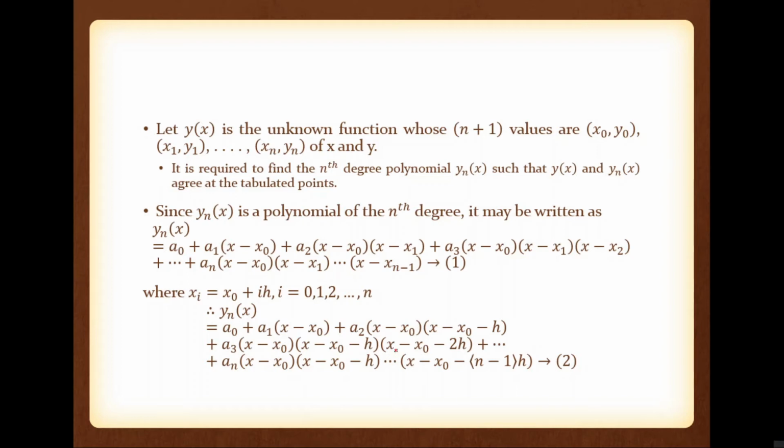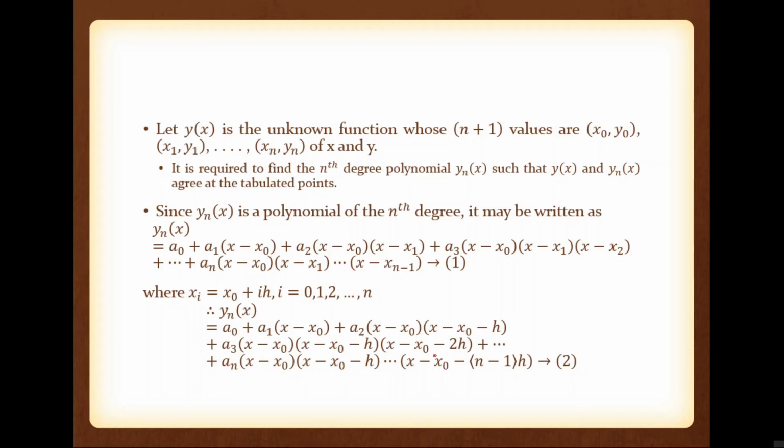Now here we have x minus x2. So we can replace x2 with x0 plus 2h. Multiply by x minus x0 minus 2h, etc. What about the last term? an into x minus x0 into x minus x0 minus h into, etc., into, this term is x minus, x0 plus n minus 1 into h.